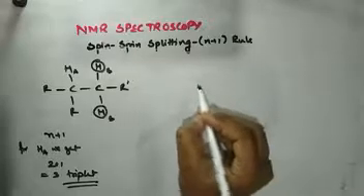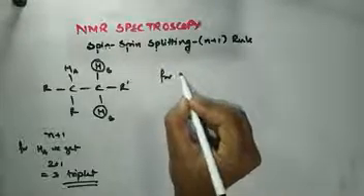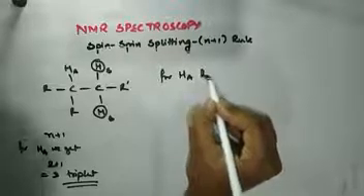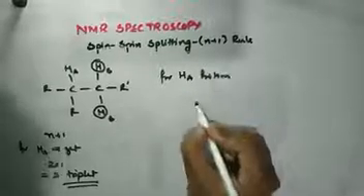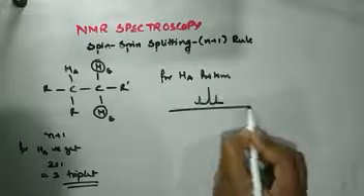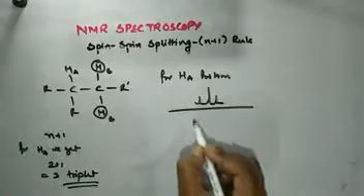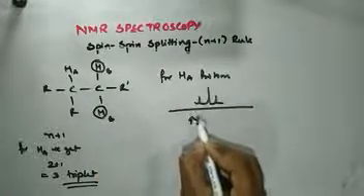So if you have two HB protons, for HA we get a triplet.